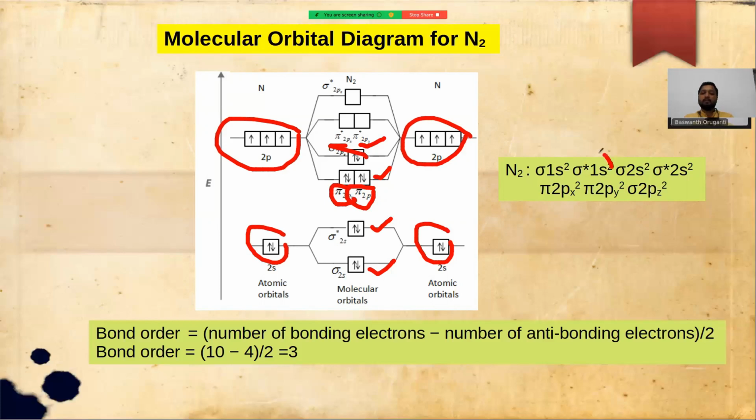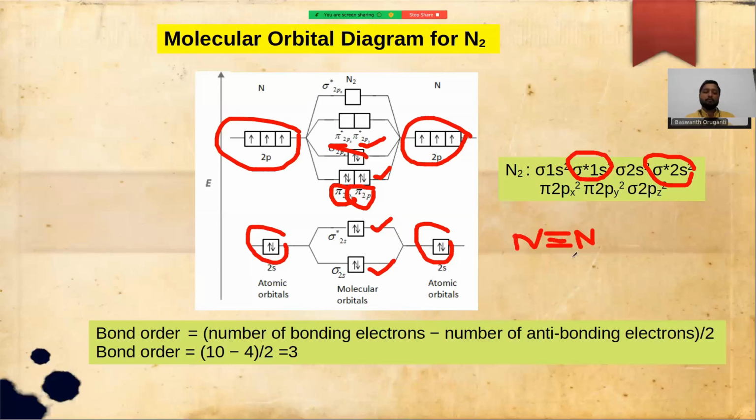Whereas in the case of anti-bonding molecular orbitals, we have 4 electrons. So 10 minus 4, 6 by 2. So the bond order is 3. So we have a triple bond in the nitrogen molecule between the 2 nitrogen atoms. So this explains the bonding in the nitrogen molecule.